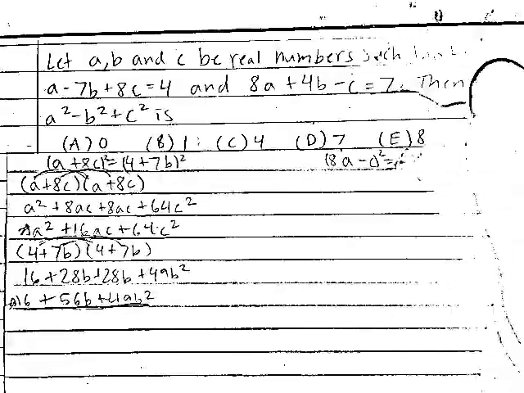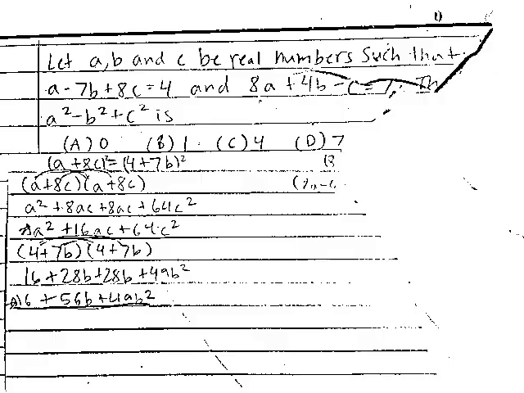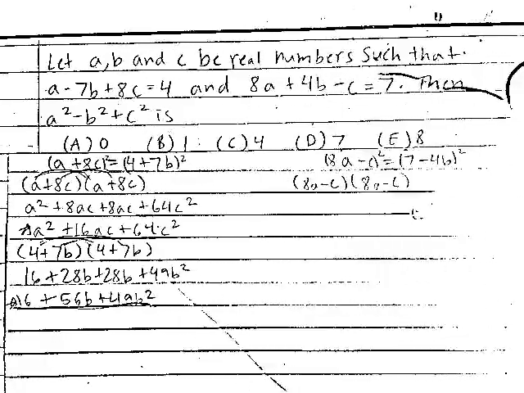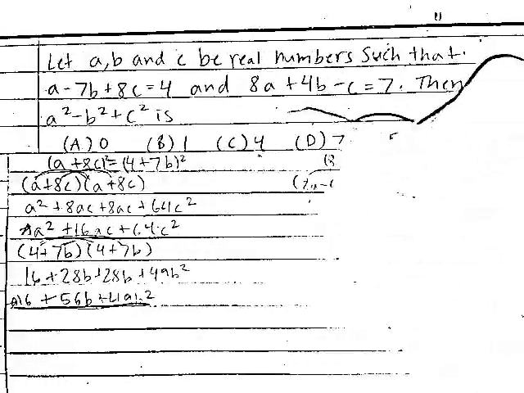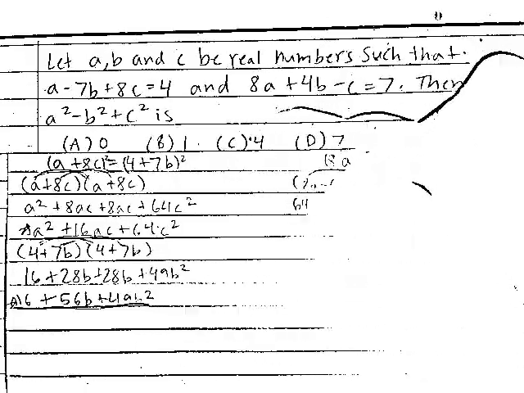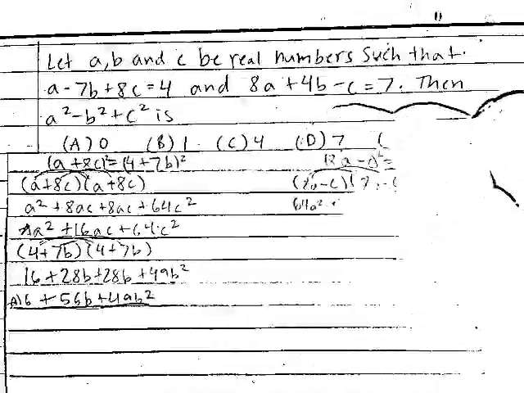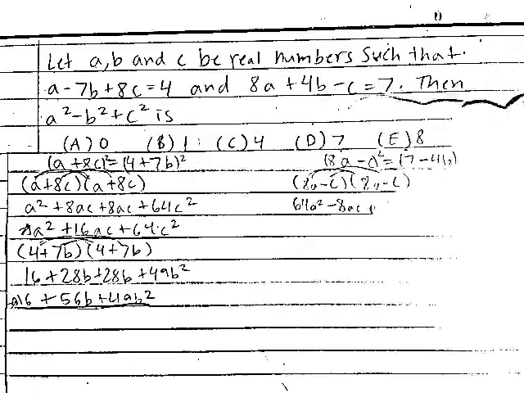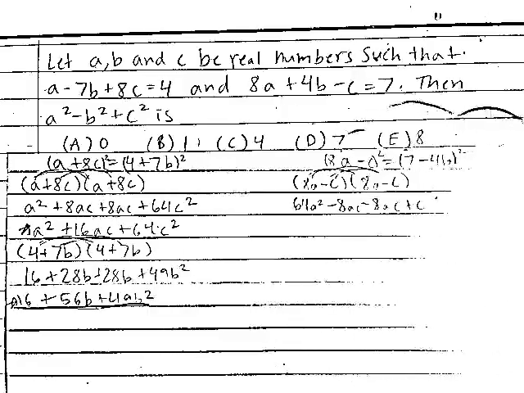And now we're going to do it for this one, which is 8a minus c times 8a minus c. First, which is 64a squared. Outer, negative 8ac, inner, negative 8ac, and last, which is c squared.